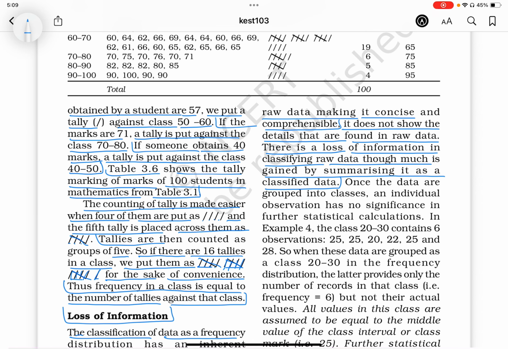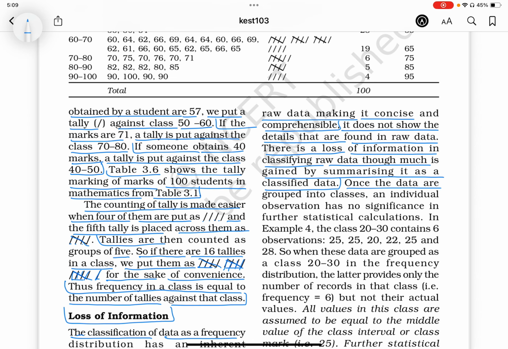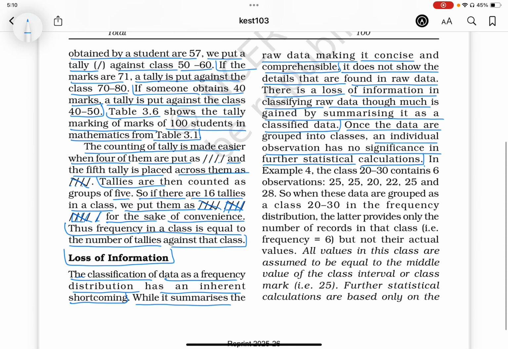Once the data are grouped into classes, an individual observation has no significance in further statistical calculations. In example 4, the class 20 to 30 contains 6 observations: 25, 25, 20, 22, 25, and 28. So when these data are grouped as a class 20 to 30 in the frequency distribution, the latter provides only the number of records in that class, that is frequency 6, but not their actual values.